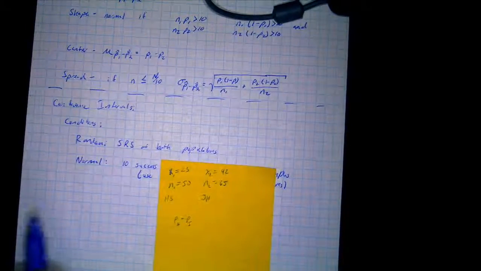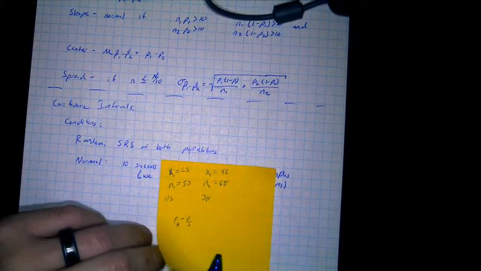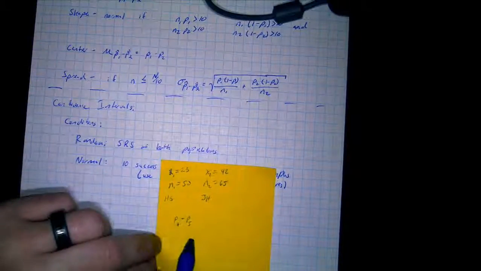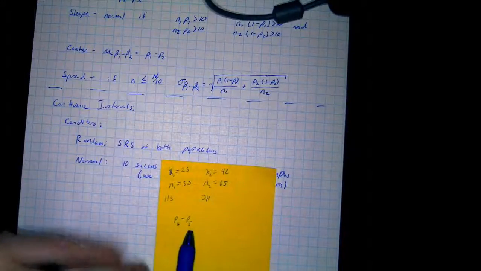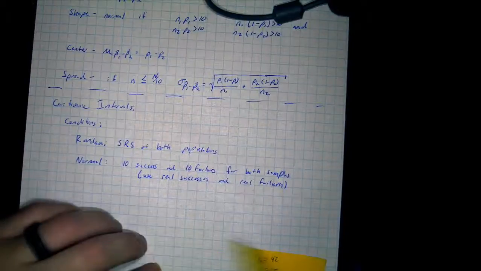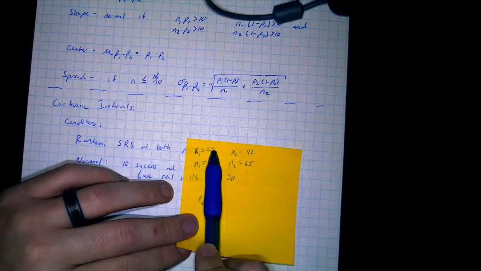Yes? Okay. But am I assuming that they're equal? No, there is no assumption that these two populations are equal to each other. So that is why I'm using my real successes and real failures. Because when I really did the survey, did I get 10 successes?